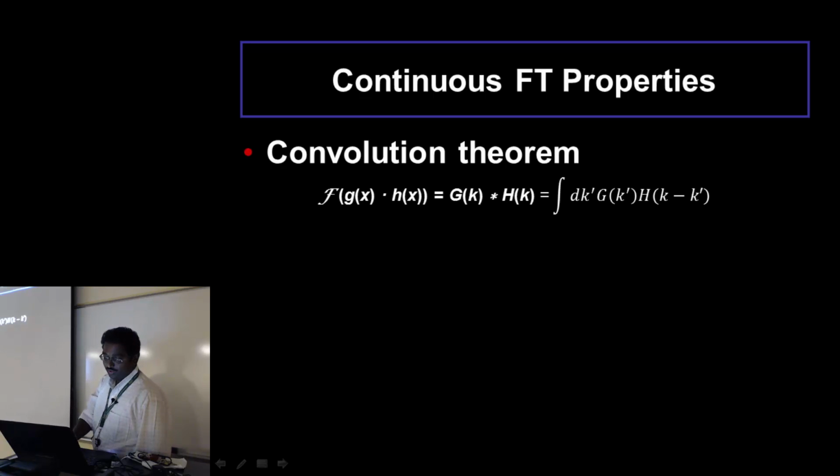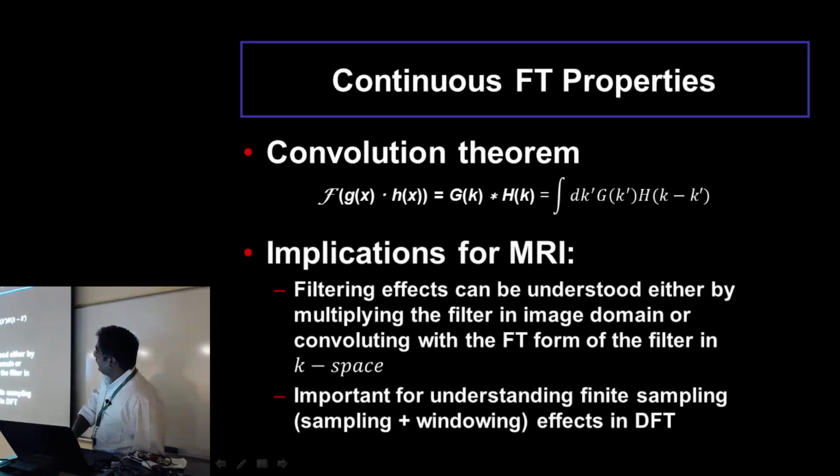So whichever domain you start in, it's one of the important properties you would repeatedly use to understand the effects of certain filters in K-space or in the image space, either way. For example, the effect of T2 decay when you're sampling the signal.